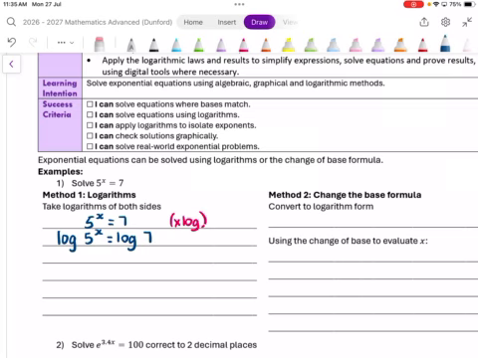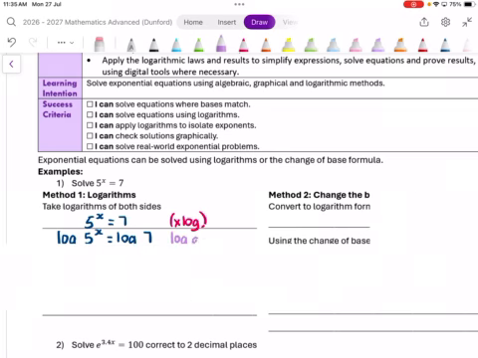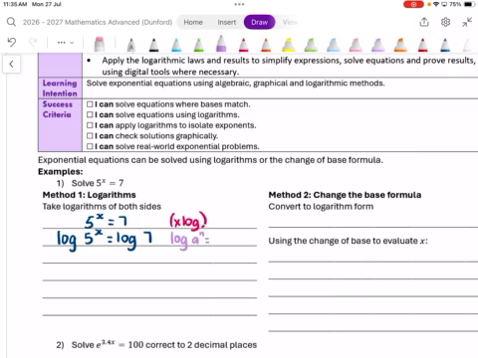From here, we want to use our log law, where log a to the power of n is equal to n log of a. When we have our unknown in our power, we can bring that down out the front, so that we have x log of 5 equals log of 7.